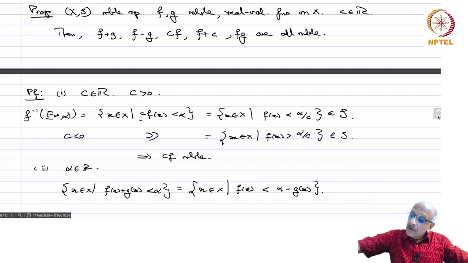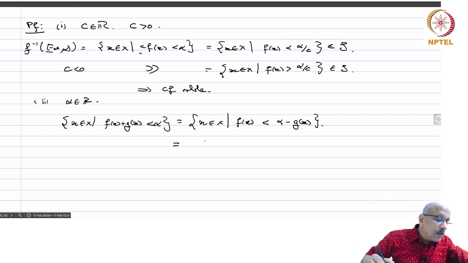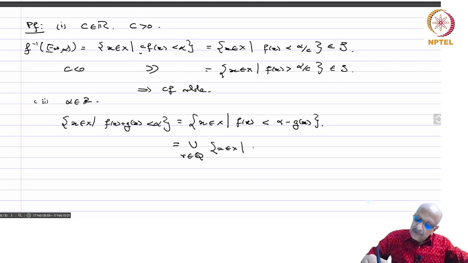That means you can put in a rational between f(x) and alpha minus g(x), and therefore this is equal to the union over r belonging to Q of the set of all x in X such that f(x) is less than r, intersection the set of x in X such that g(x) is less than alpha minus r.